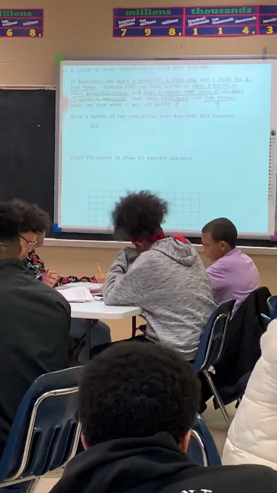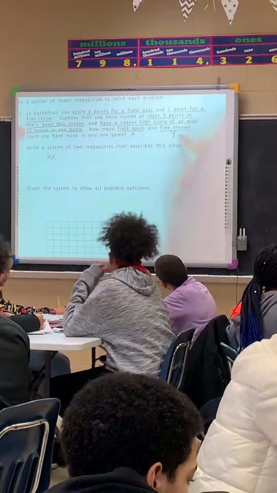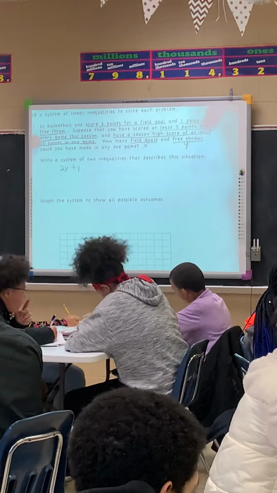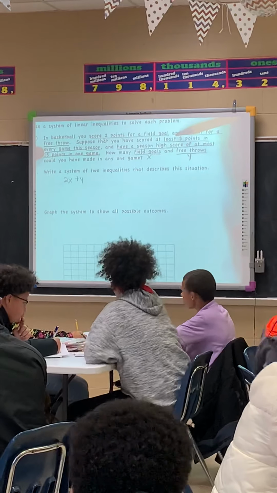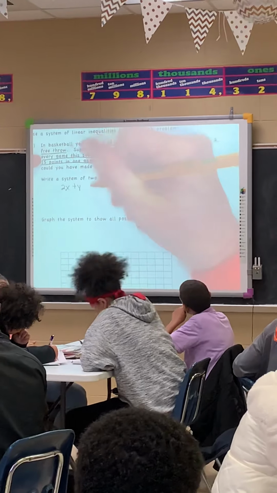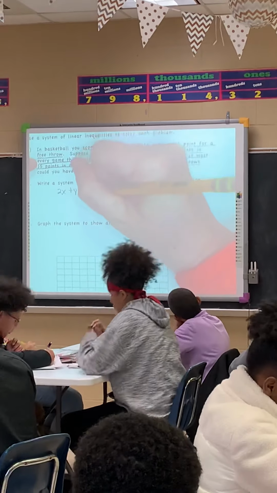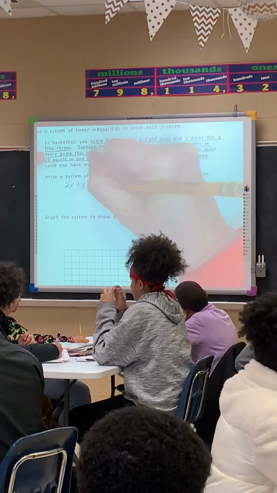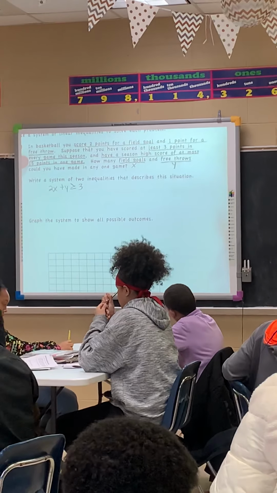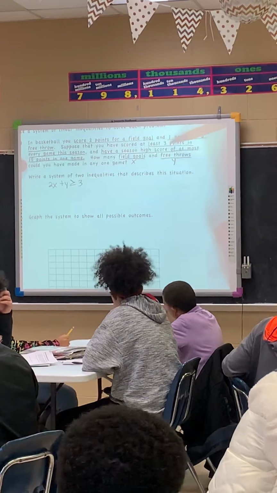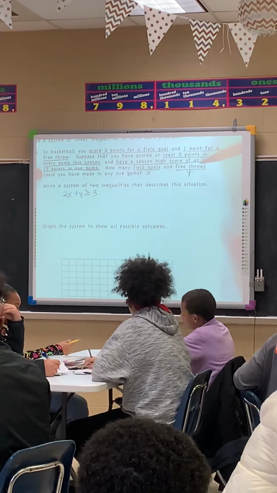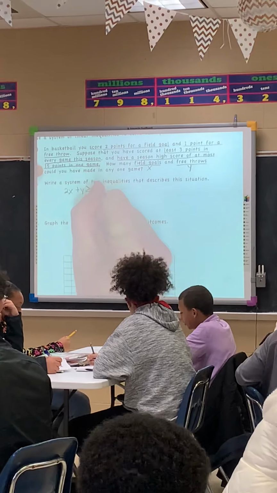And we have 1 point for a free throw, so we don't write 1Y, we just write Y. And we score at least, which means greater than or equal to 3 per game. And we have a season high score of at most, which means we didn't score over 15 points, so less than or equal to 15.